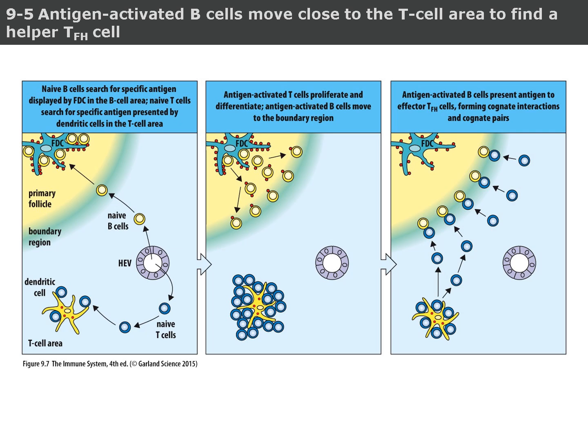This leads to the formation of cognate B-T pairs, enabling the T cells to deliver essential cytokine and co-stimulatory signals to fully support B cell differentiation. This critical interaction drives the formation of germinal centers and long-lasting, high-affinity antibody responses.